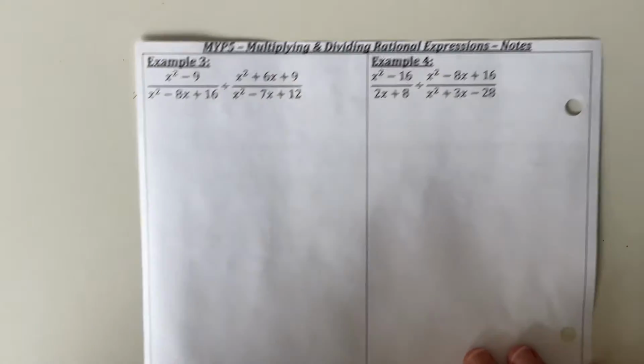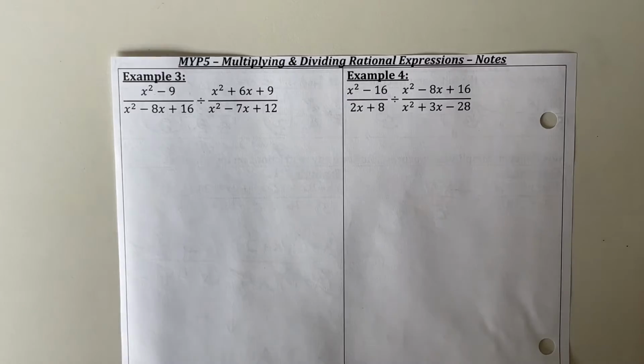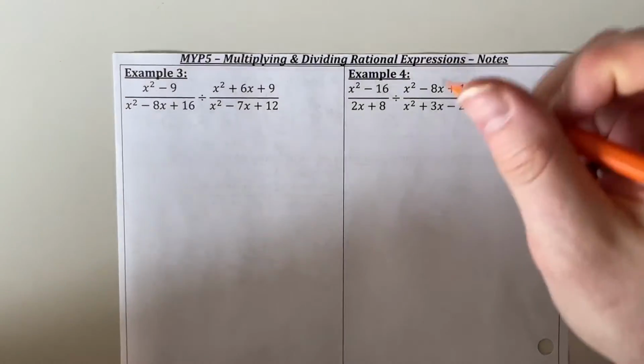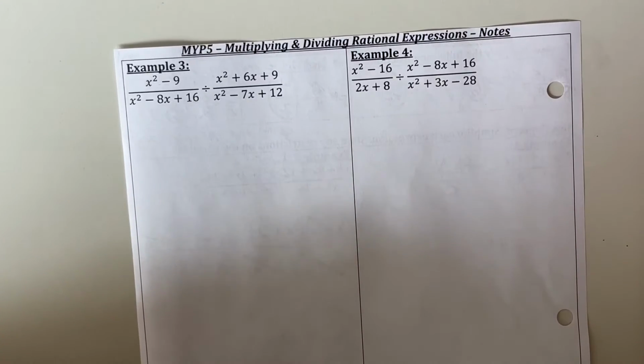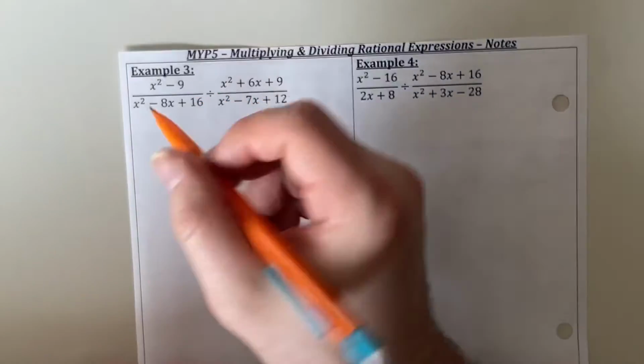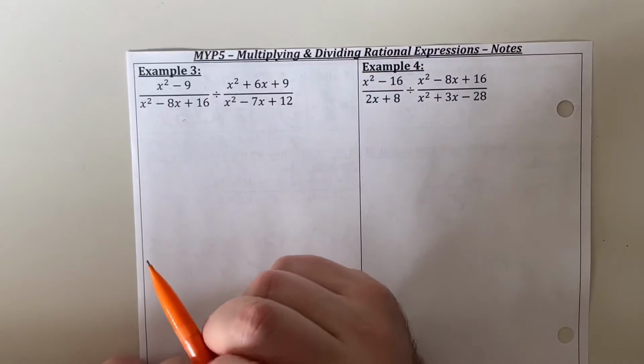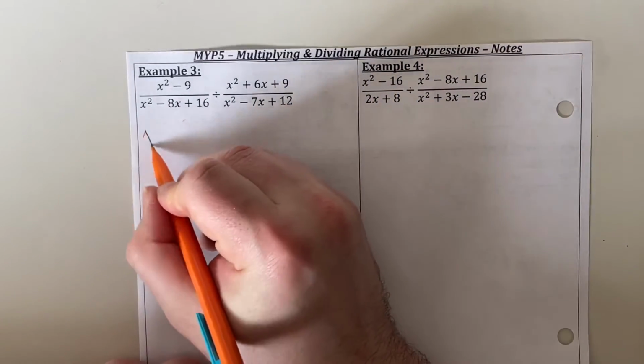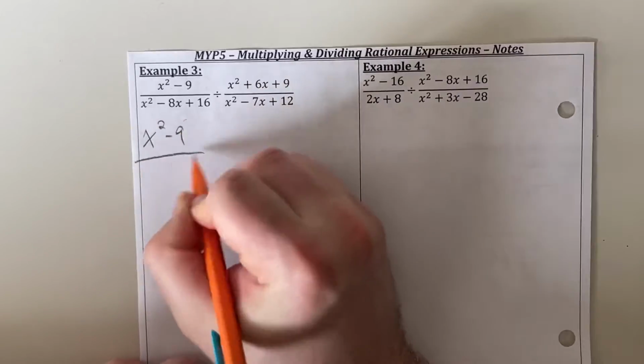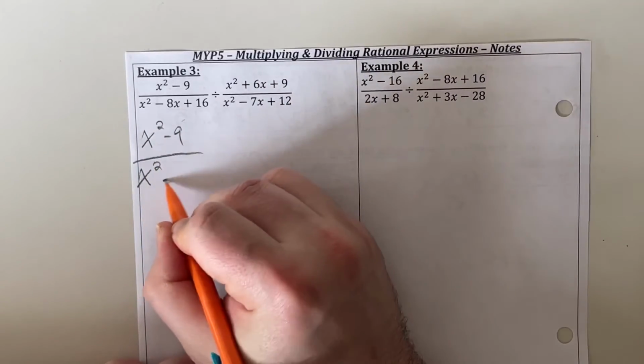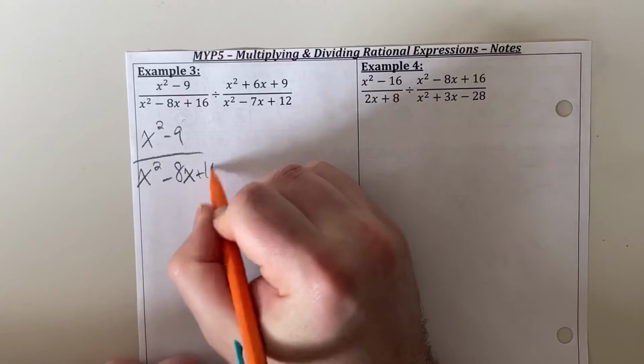Similar idea on the back. We're going to say we have our fractions first. So again, make sure you rewrite your expression, multiply by the reciprocal. So my first rational expression stays the same. So I have x squared minus 9 all over x squared minus 8x plus 16.